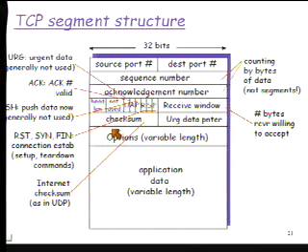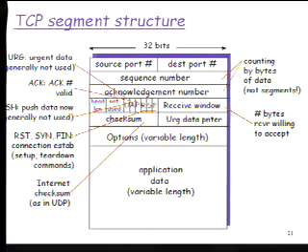TCP can have a variable number of options. So these are all 32-bit wide options, and the number of options is defined by this header length field. So you can have a number of different options which sort of enable some modifications of TCP.